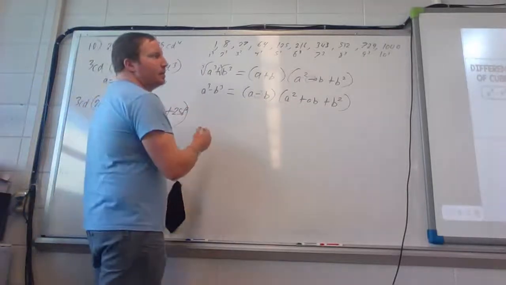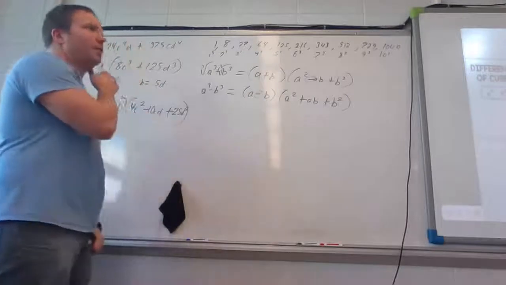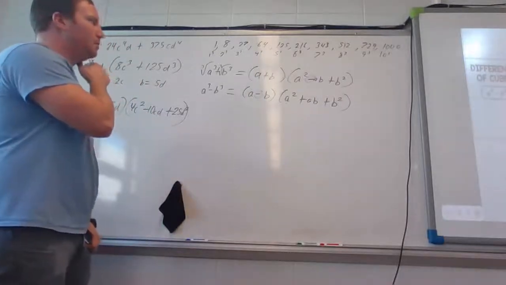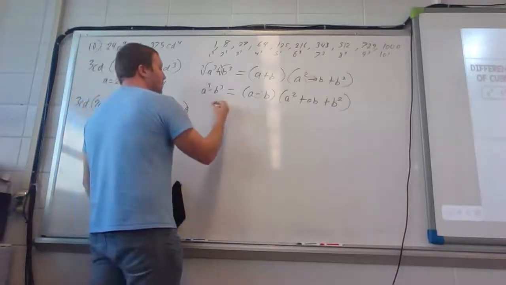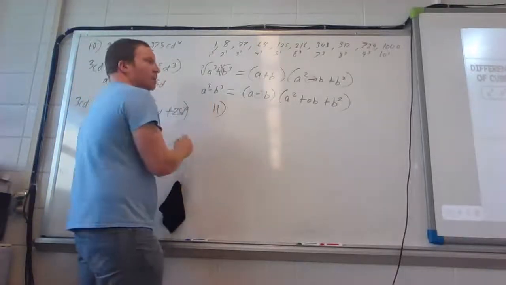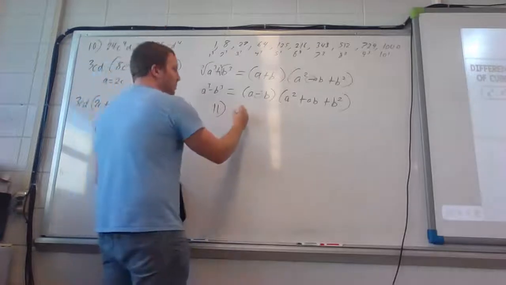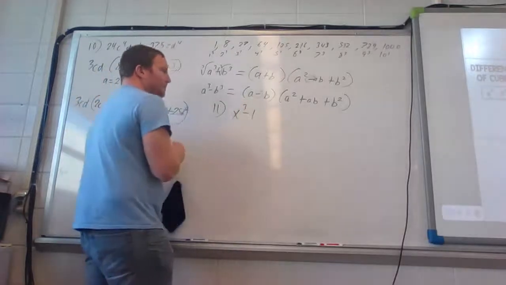So let's look at, which one have we done? We've done number 11, a minus b. So let's go ahead and start with 11. We've got x cubed minus 1.